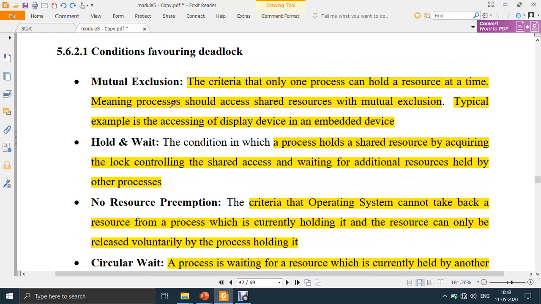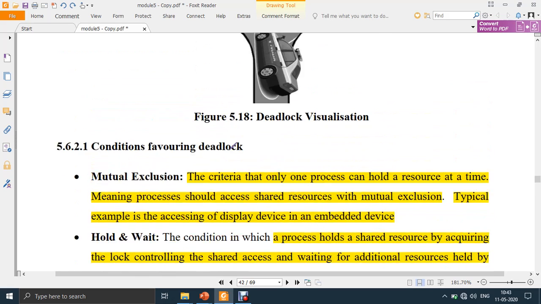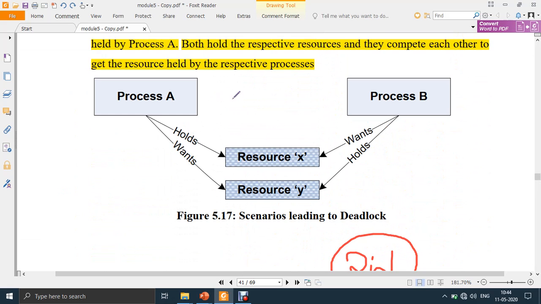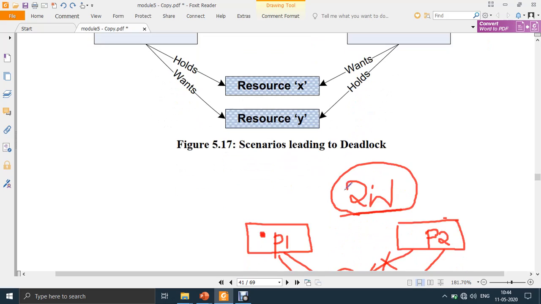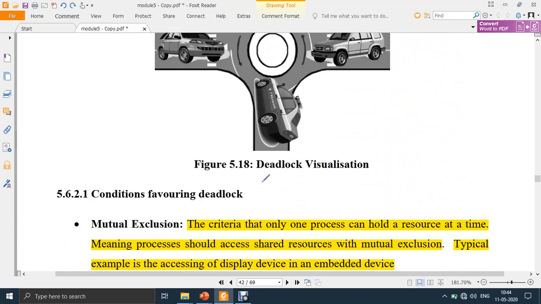The next criterion that favors deadlock is hold and wait. That is what has happened here. Process A holds X and wants Y, so it holds X and waits for Y, and process B holds Y and waits for X. Hold and wait should not be there; if it is, it will favor the deadlock.